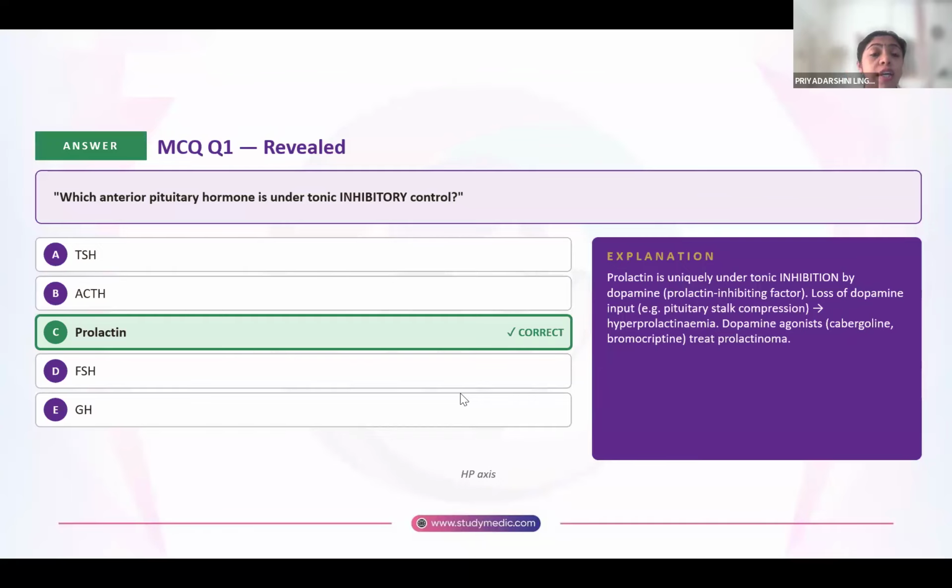And loss of this dopamine, that means whenever there's a pituitary stalk compression, leads to hyperprolactinemia. And what is the most common cause of hyperprolactinemia? It is nothing but pituitary adenomas. This is something that you have to keep in mind. Now, what are the drugs used for treatment? You use your dopamine agonist. An example of a dopamine agonist is cabergoline.